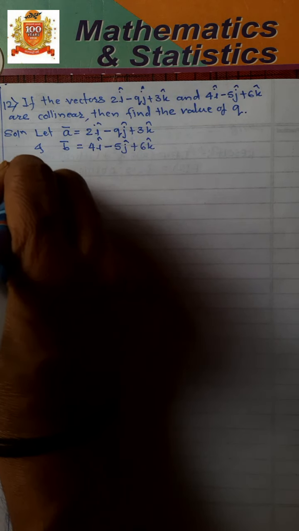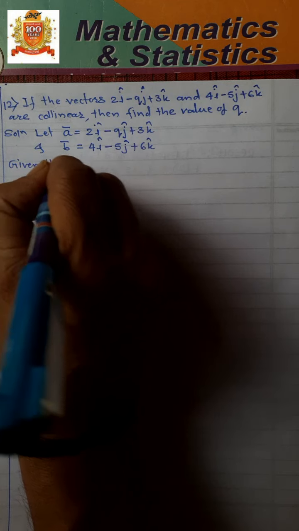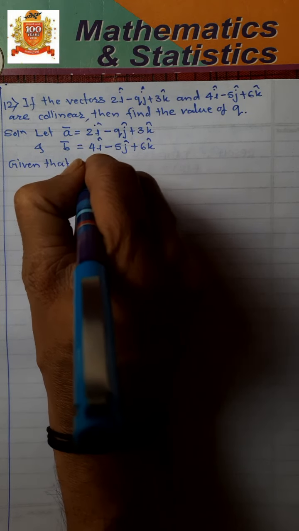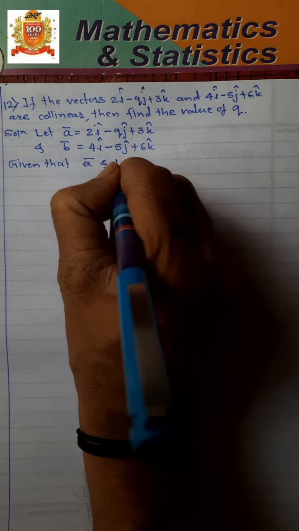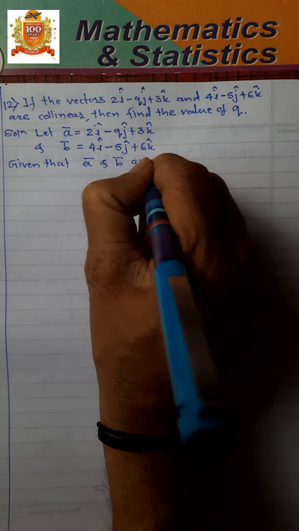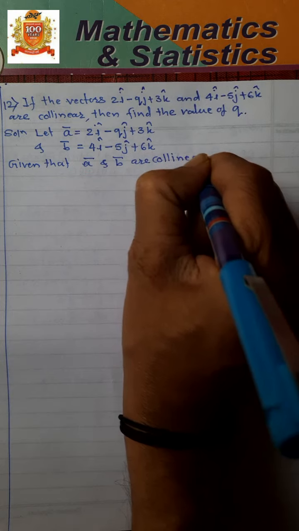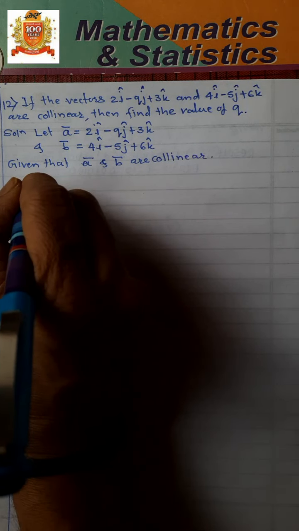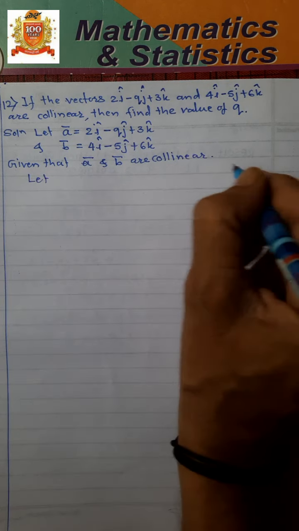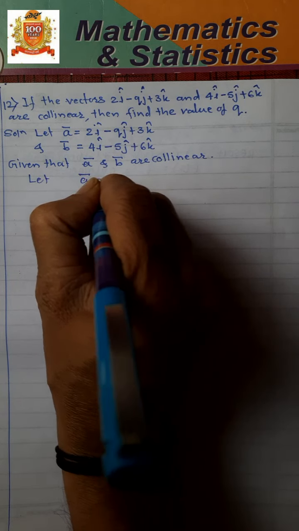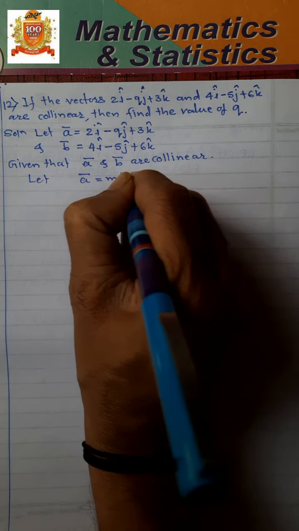Given that a bar and b bar are collinear, let a bar is equal to m into b bar.